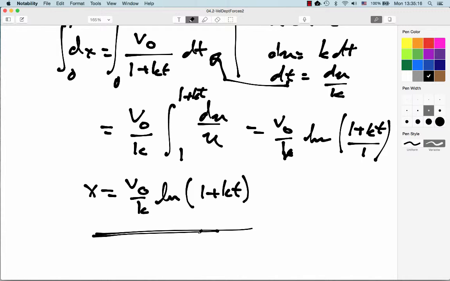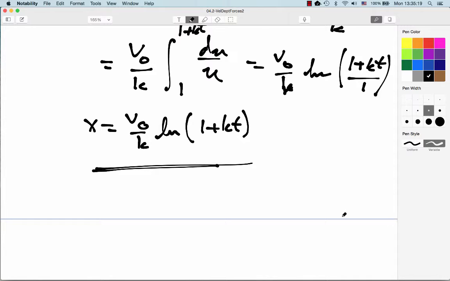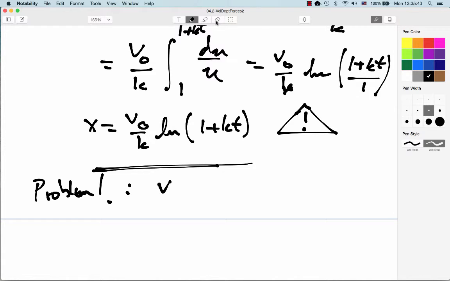And you should always, always, always ask yourself if the answer is reasonable. And here we have a problem with this answer. The problem is that if we let t go to infinity, v approaches 0 like we would expect, but now let's look at this x here.